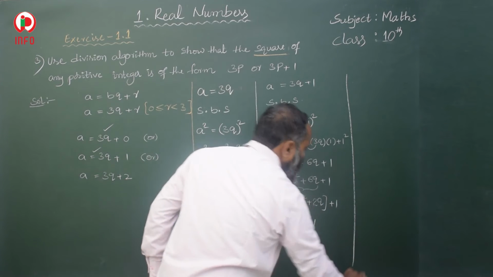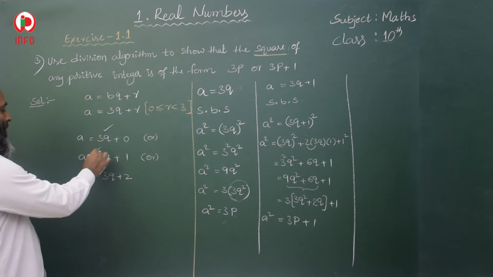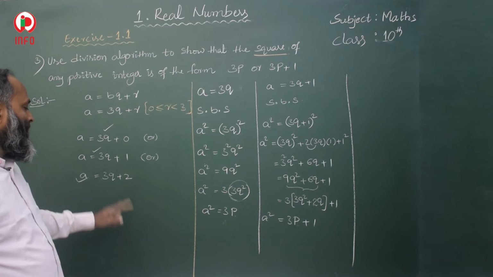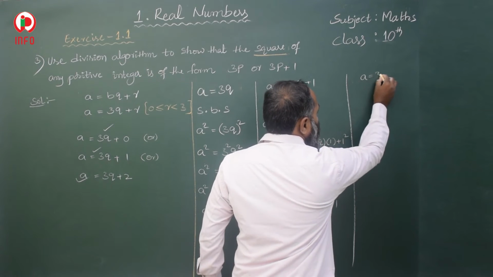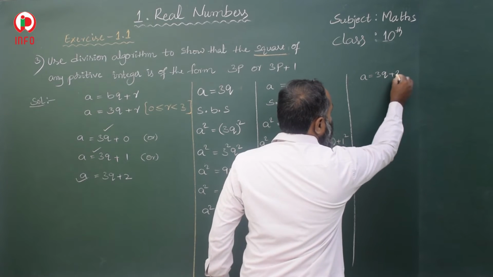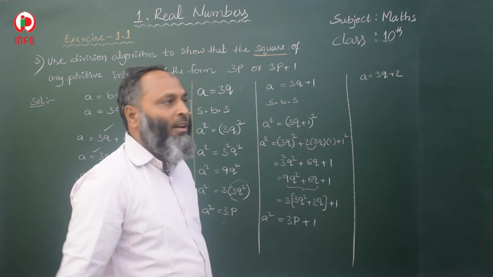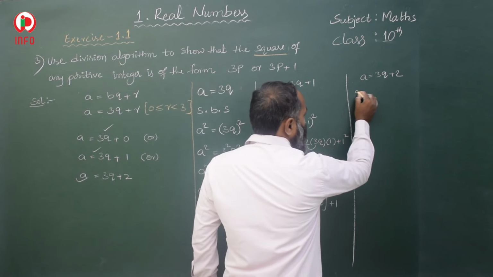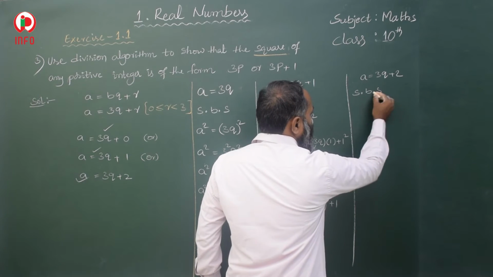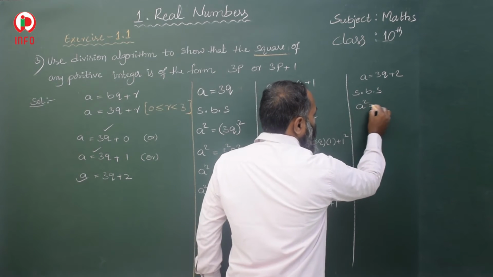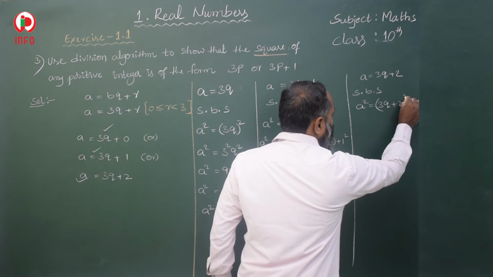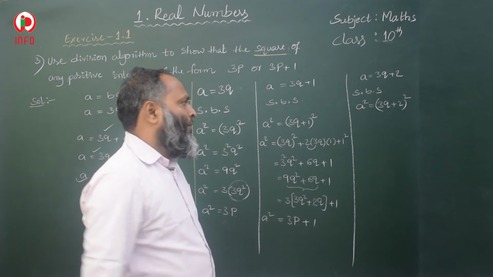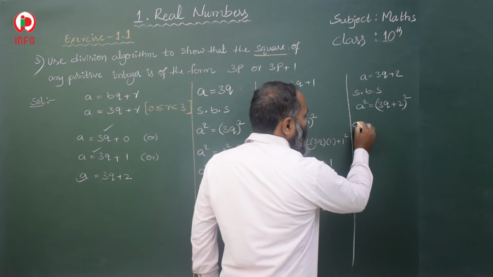Again, this is over. Now we take a = 3q + 2. Squaring on both the sides, a² = (3q + 2)².